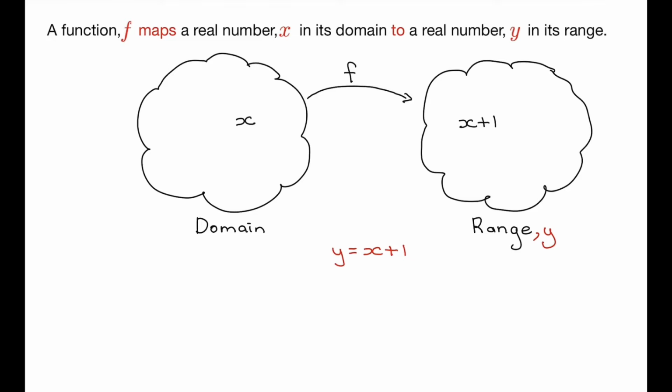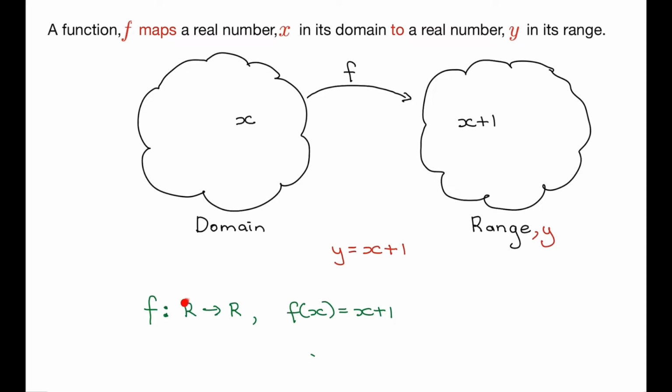But a better way to express the idea of the function as a mapping is to use function notation. f maps R into R, where f of x, in this case, is equal to x plus 1.